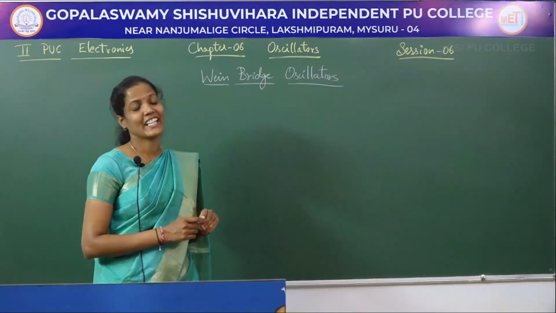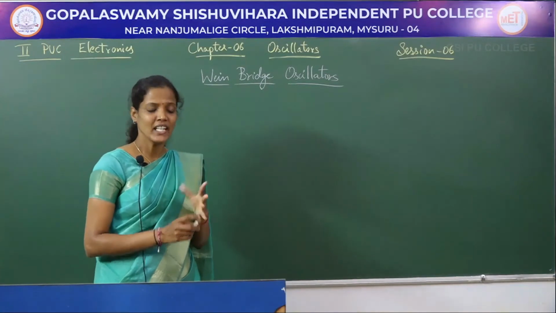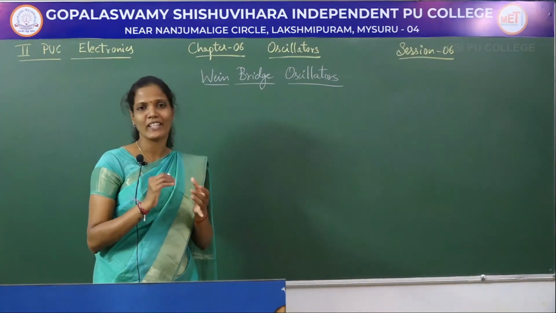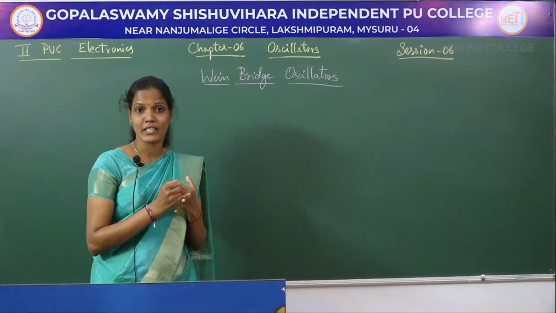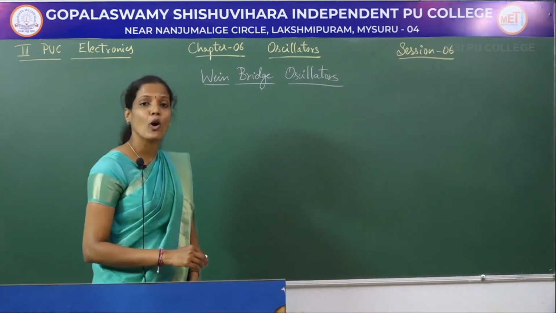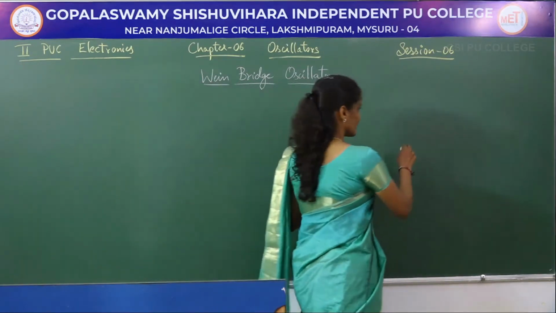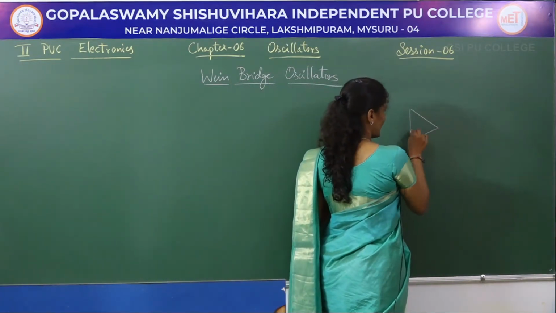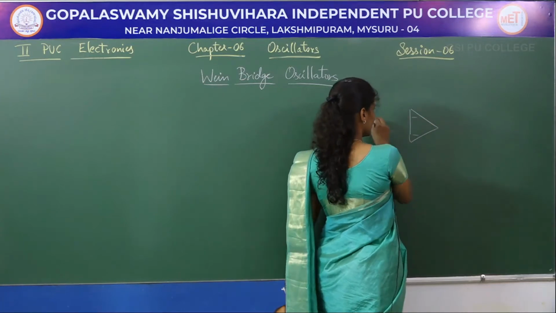In order to generate any kind of oscillations, we need two separate circuits. One is the amplifier circuit, the other one is a feedback circuit. Again, in this Wien-Bridge oscillator, we are going to use an op-amp in the amplifier circuit. So this is an op-amp, inverting and non-inverting terminal.